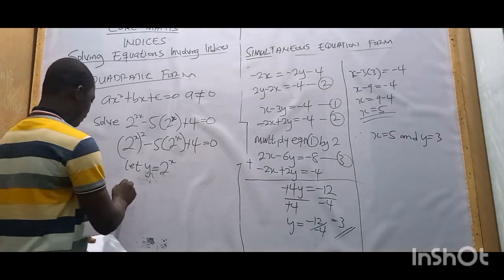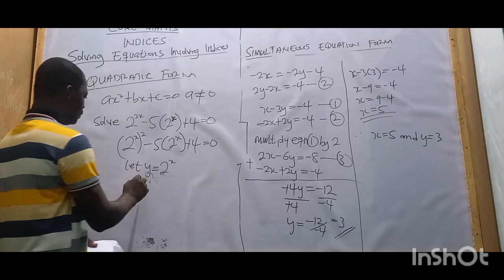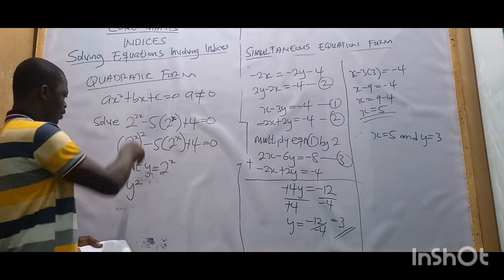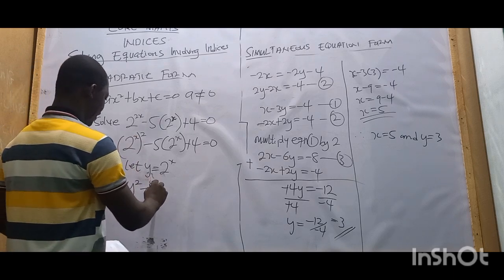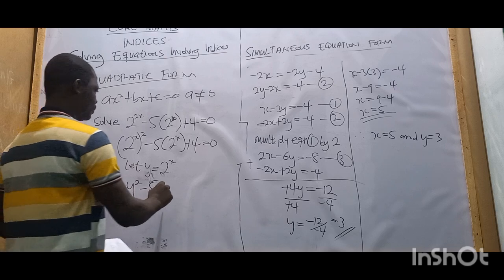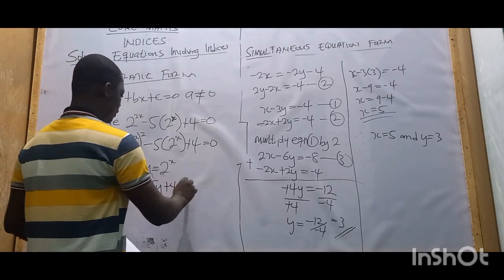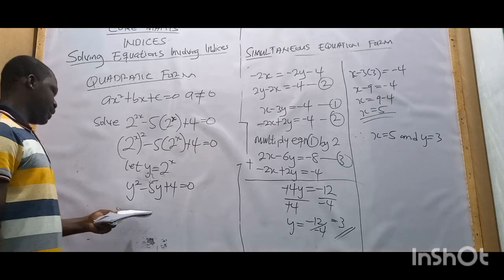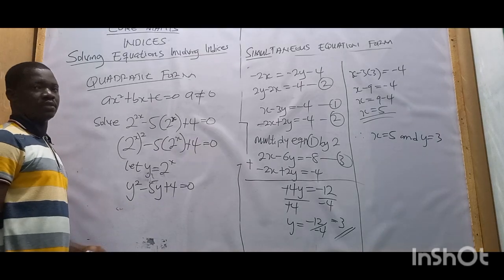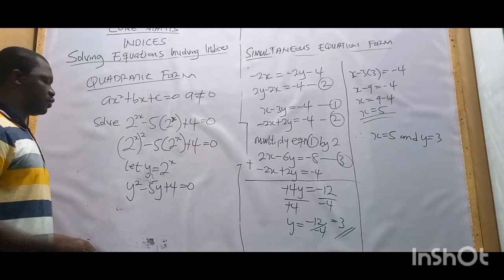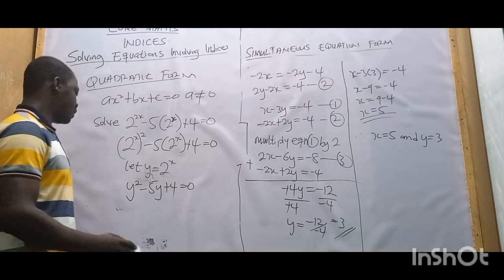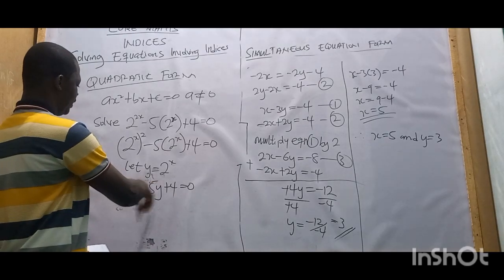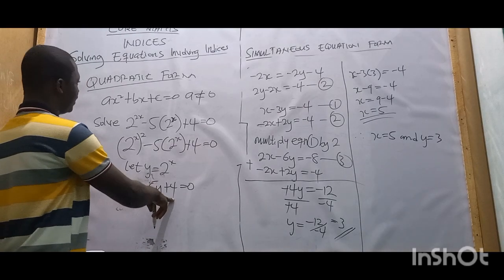So here we have y squared minus 5y plus 4 equal to 0. This is our quadratic equation, so we'll solve it. To solve a quadratic equation, you multiply the y squared component by the c.